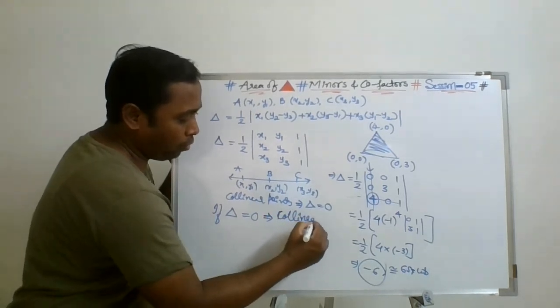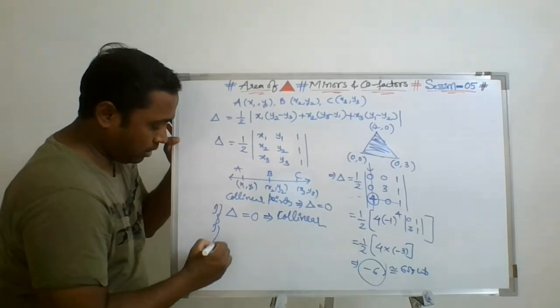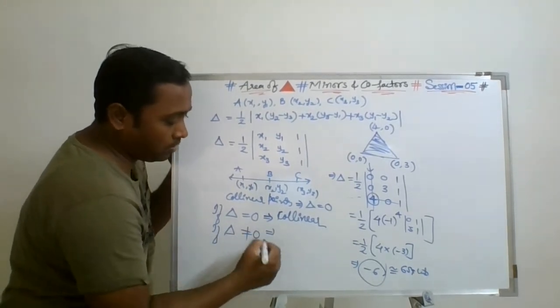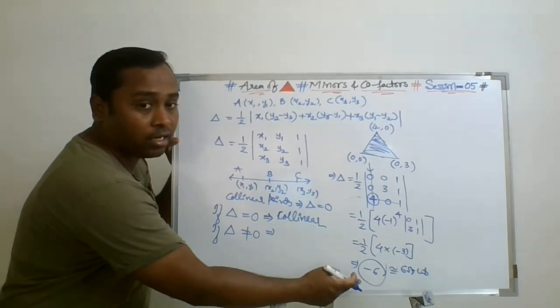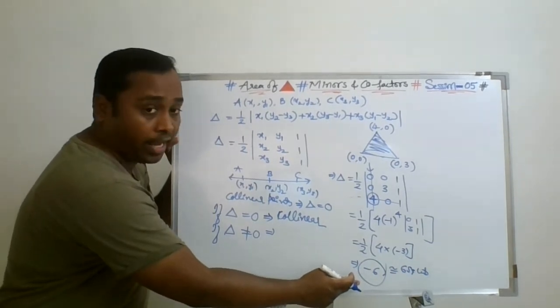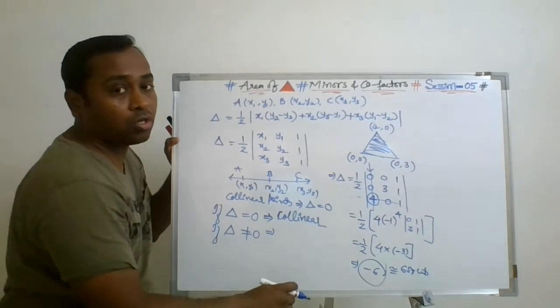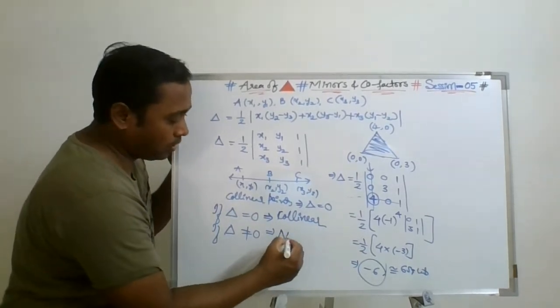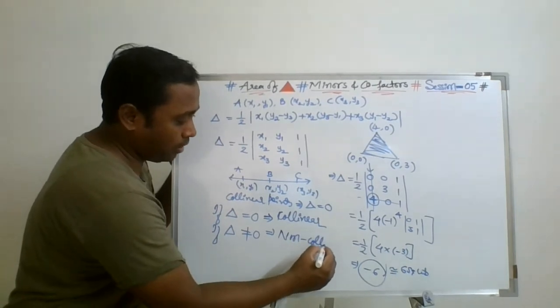If delta, means area of triangle, is not equal to 0, likewise here we are getting 6 as an area, hence these 3 points are not collinear, hence a triangle is formed. So what we call as points are non-collinear.